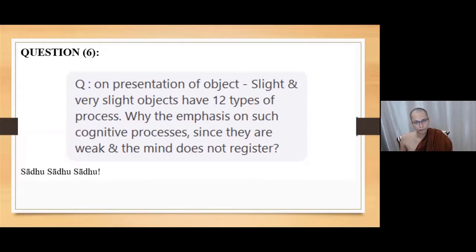On presentation of the object, for slight and very slight objects there are 12 types of processes. Why the emphasis on such cognitive processes, since they are weak and the mind does not register? Sadhu, sadhu, sadhu. Okay, for the 12 types, because of the absence of jhana, we can see the mind does not experience, or fully experience, the taste of the objects.